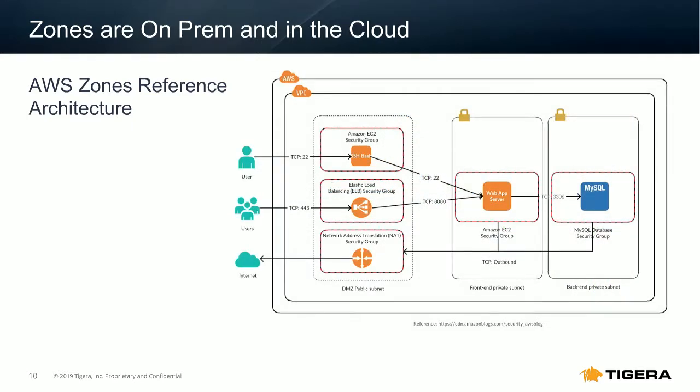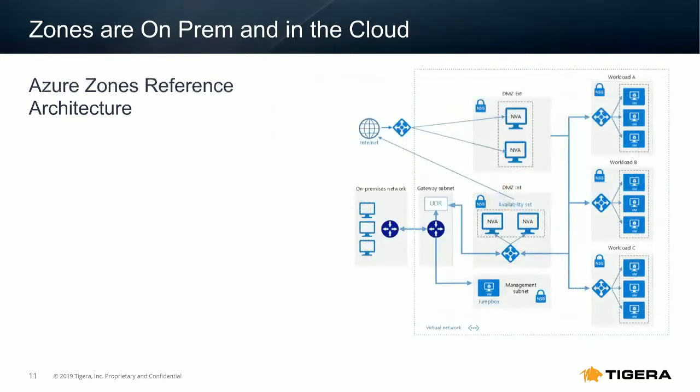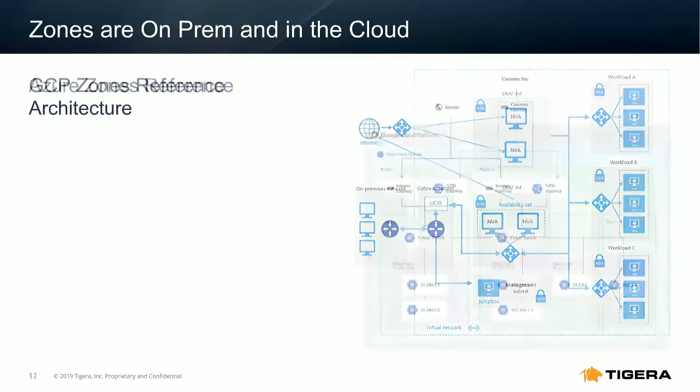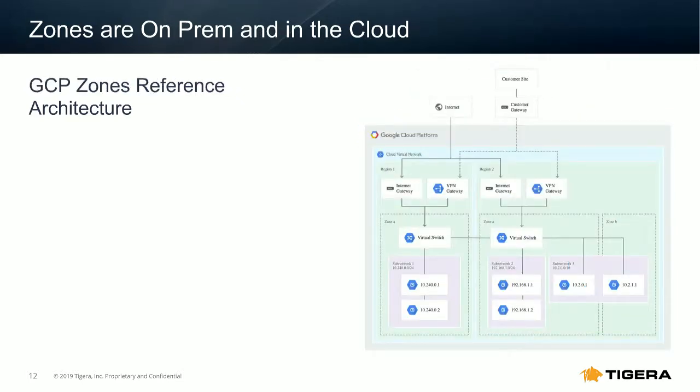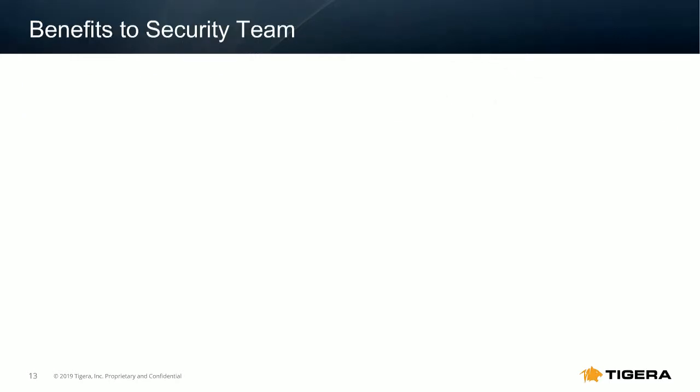Same thing for Azure, which has these types of zone-based architectures. You see a lot of this with GCP as well. So it's not all about on-prem. On-prem is certainly something that we see quite a bit, but it's also put together for these cloud-based architectures.